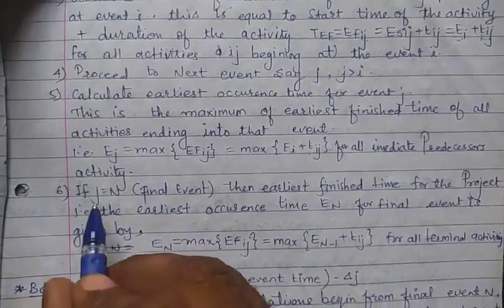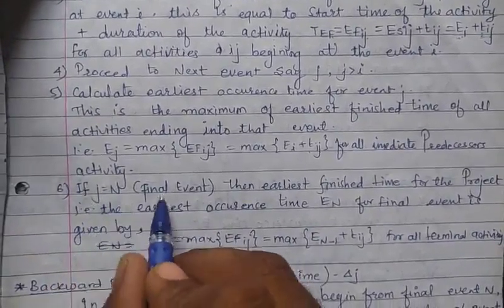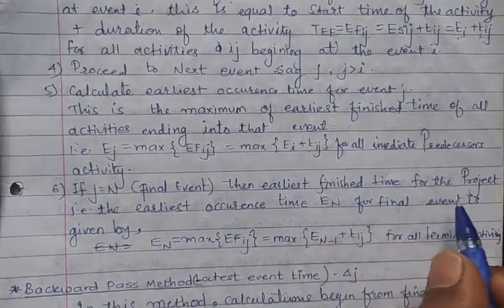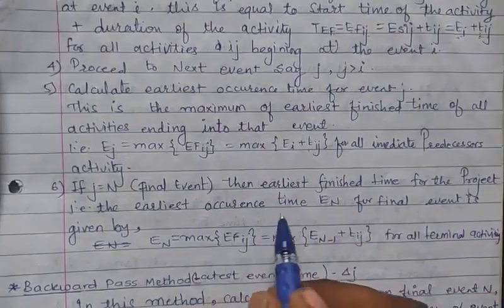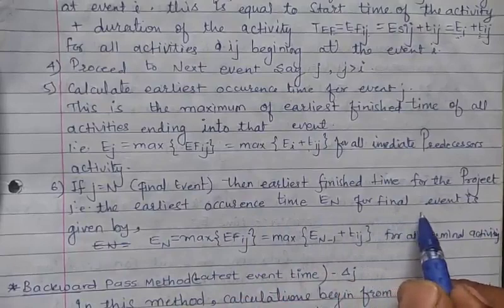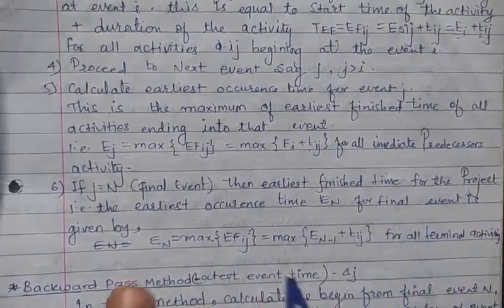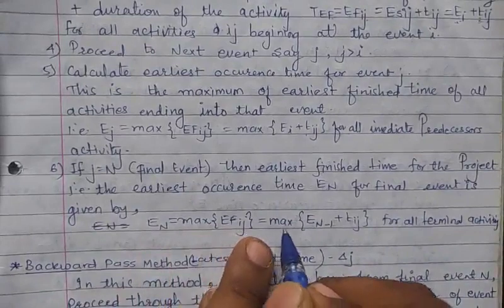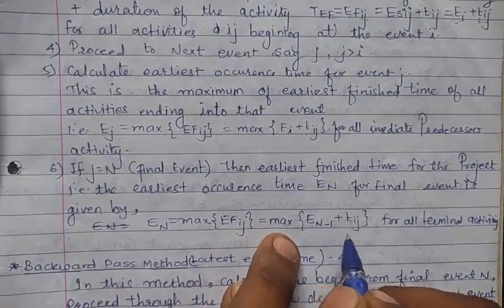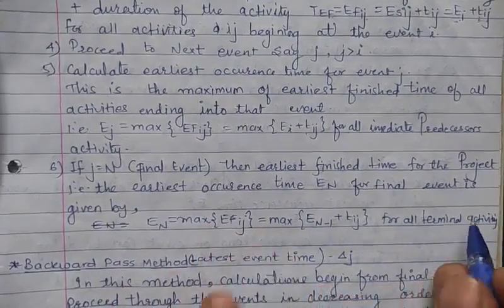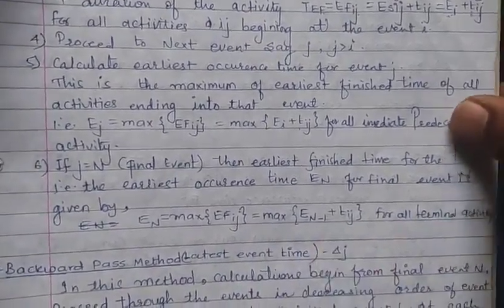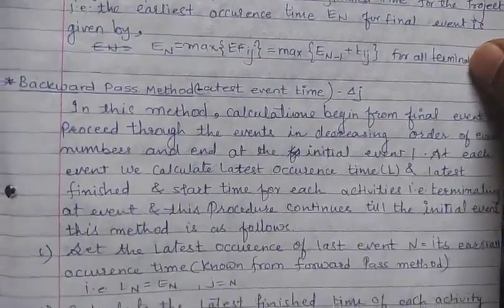And last, if j is equal to n, the final event, the earliest finish time for the project, that is the earliest occurrence time En for the final event, is given by En equal to the maximum of EFij, which is the maximum of En minus 1 plus Tij for all terminal activities. So this is the forward pass method.